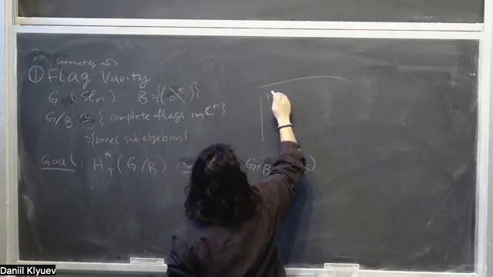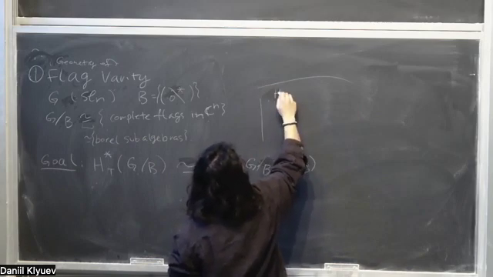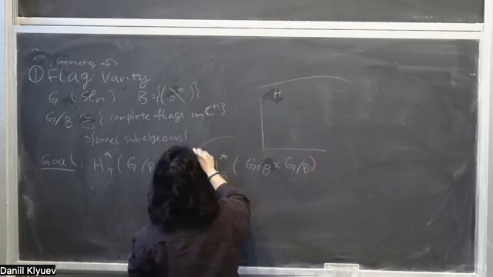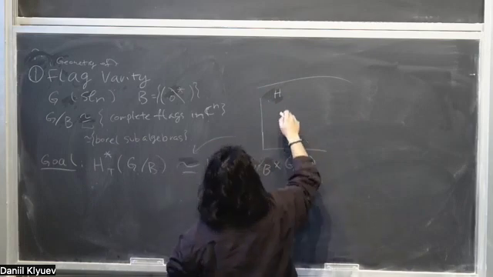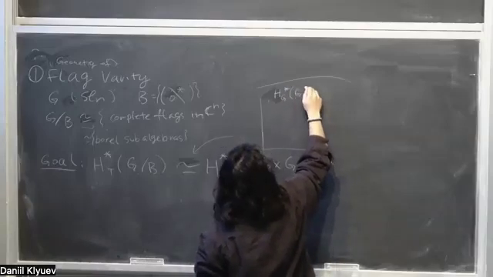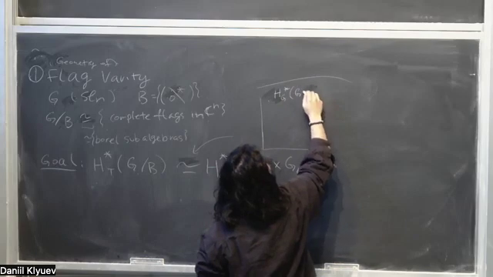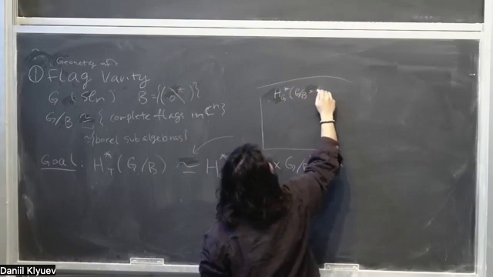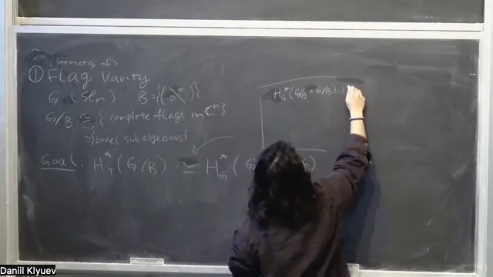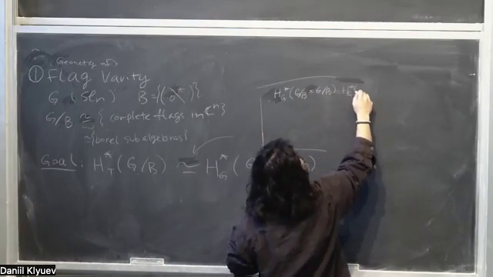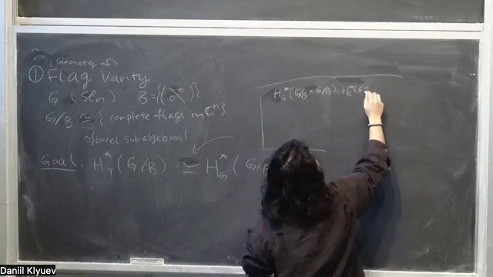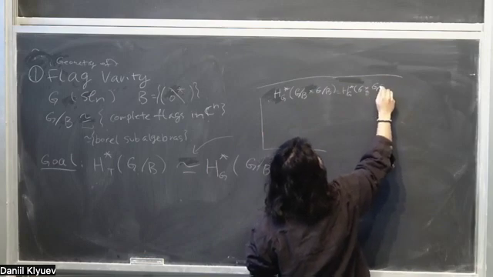This is because this is just the same as the B equivariant cohomology of G mod B cross G mod B, the fiber product.